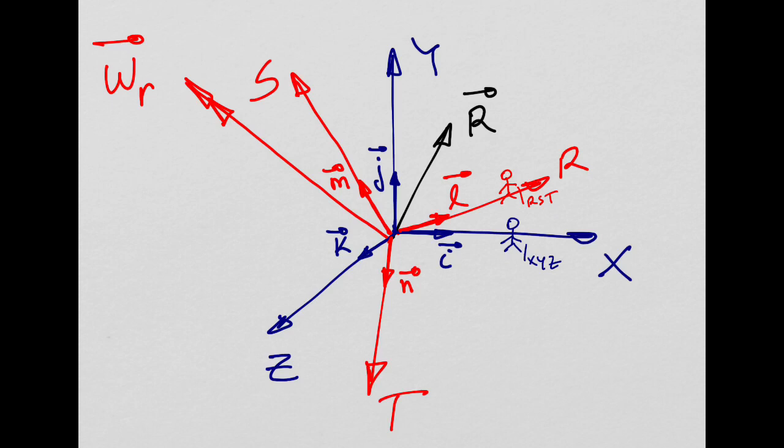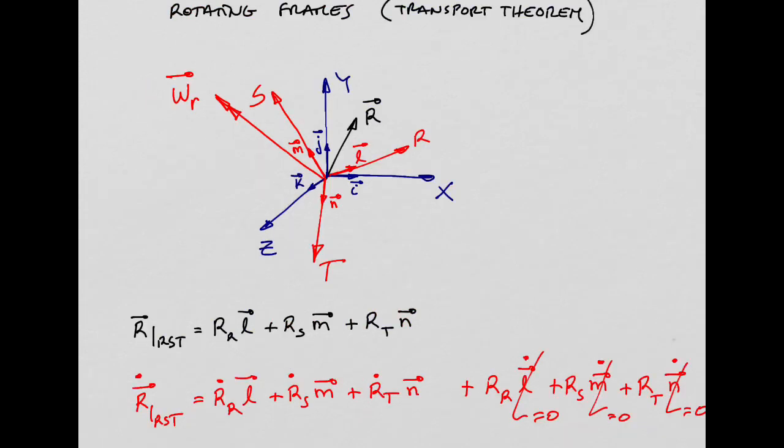Imagine you are the observer in the blue coordinate system. Yeah, you see the pencil changing direction. But for me, I am the rotating observer. For me, the pencil is always in front of me. So for me, it doesn't change the direction. That's why this L dot is equal to 0.